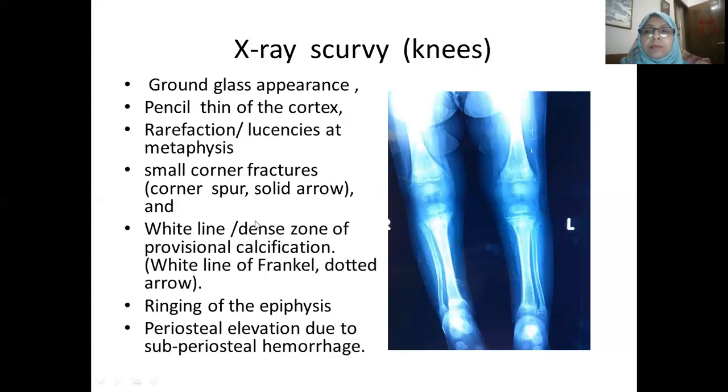Here, this is called corner spur. Here you can see the corner spur, and it is projected medially or laterally from the Frankel's white line.